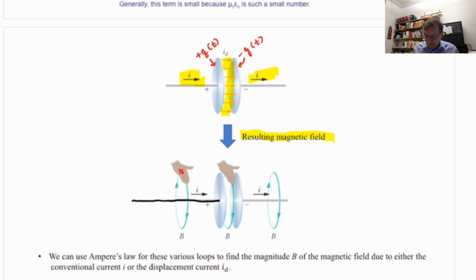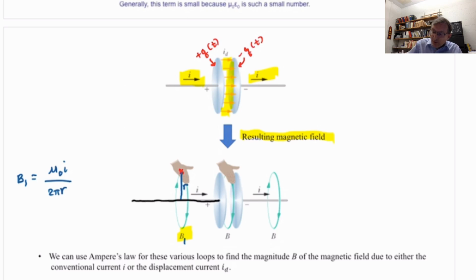We know a long straight wire creates magnetic field, and it circulates around it according to a right-hand rule, and that's what this green circle is showing. Let's call the magnitude there B1. And we know the formula. B1 is mu 0 I over 2 pi r, where r is that distance from the wire out to the point where we're finding the field.